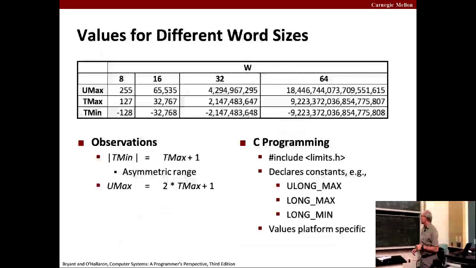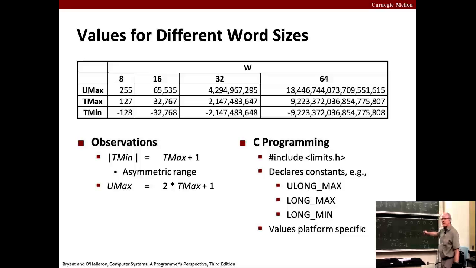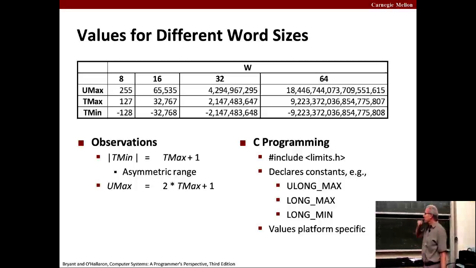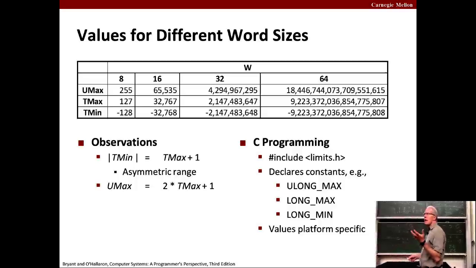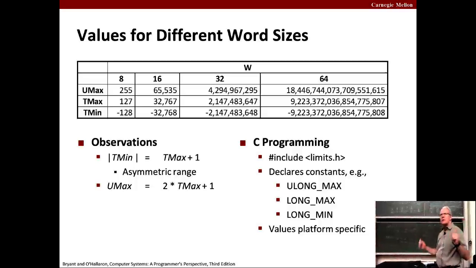So these numbers I call U max, the biggest unsigned number, T min, the smallest, most negative 2's complement number, and T max, the largest, most positive 2's complement. This chart shows the range of values for different word sizes, or different numbers of bytes. And so you'll see that with an 8-bit number, you only have 256 possibilities, right?